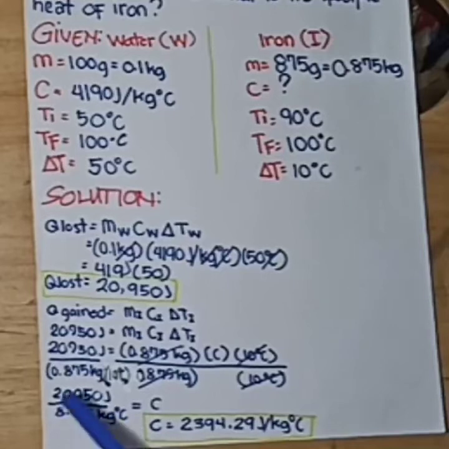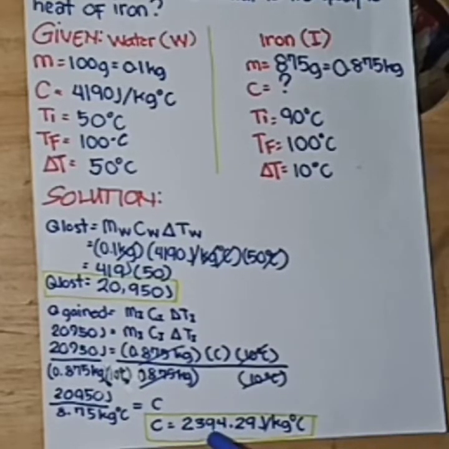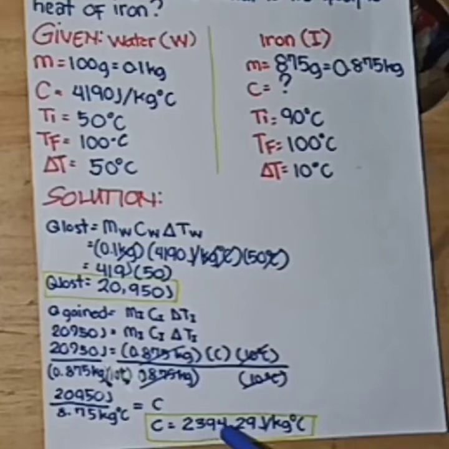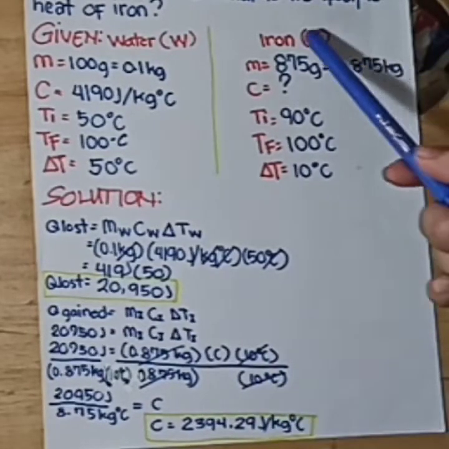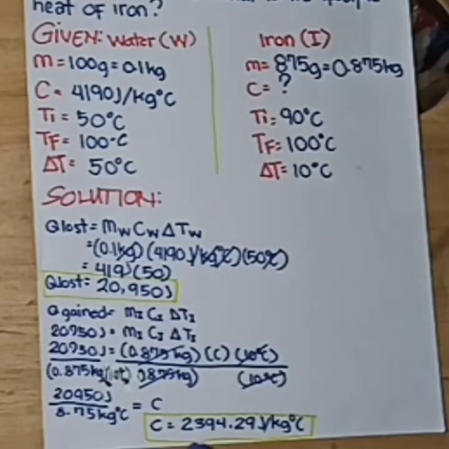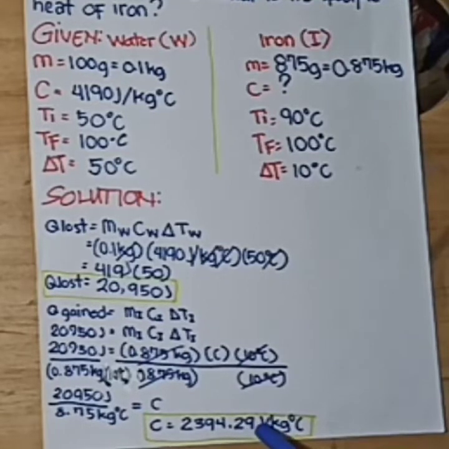Then we divide 20,950 joules by 8.75 kilogram degrees Celsius, and we have the answer: the specific heat of iron is 2,394.29 joules per kilogram degrees Celsius.